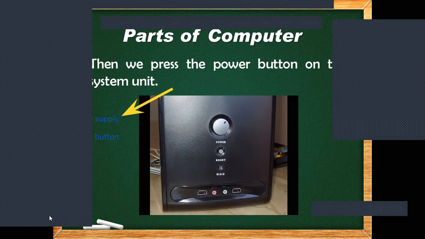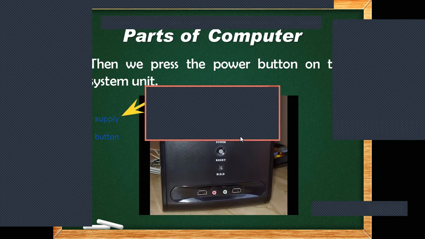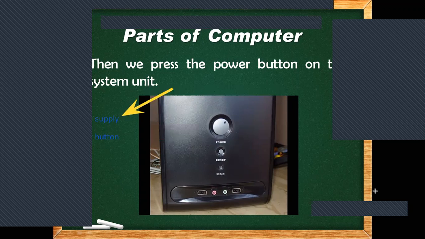Very good. So everybody remember that we have to press the two buttons. What are those two buttons? The first button is the power supply, and the second button is the power button. Okay, so there are two buttons. The first is the power supply button and the second one is the power button.